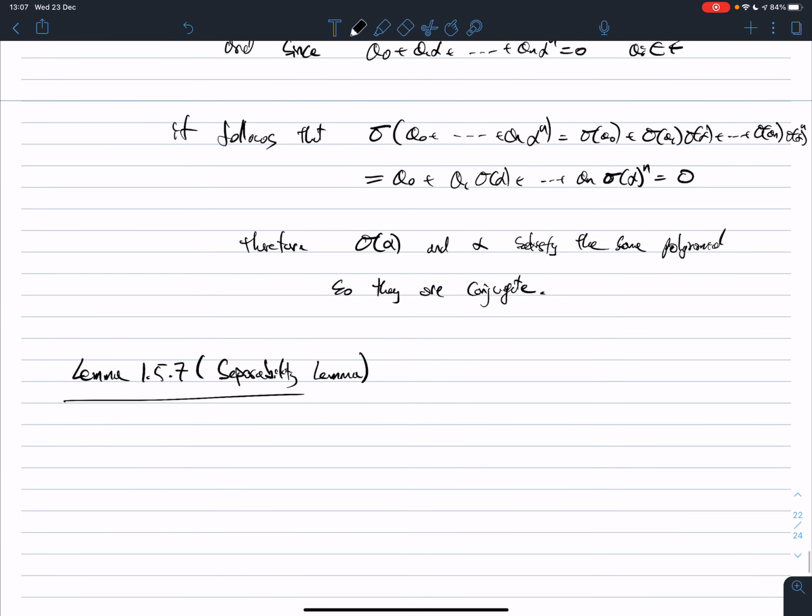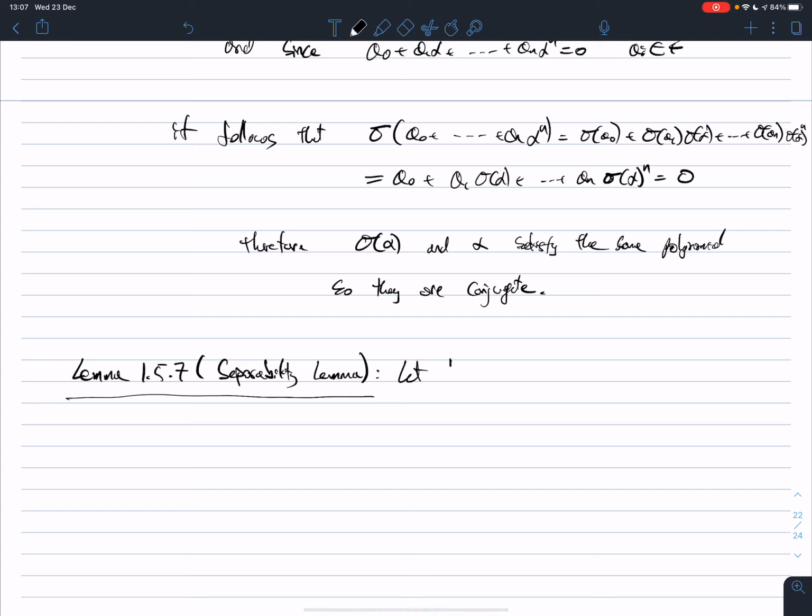What does it say? It tells us something that doesn't work for finite fields, but works for these number fields: if you have an irreducible polynomial of degree n, then it must have n distinct roots. This is quite important, and this isn't true for irreducible polynomials over finite fields. But for number fields, it's true.